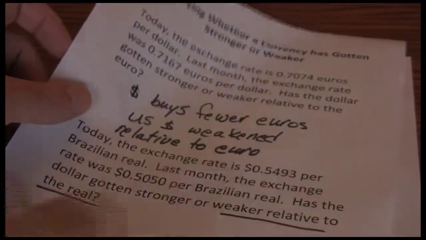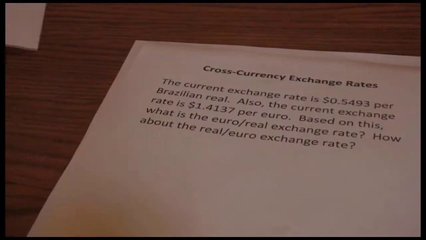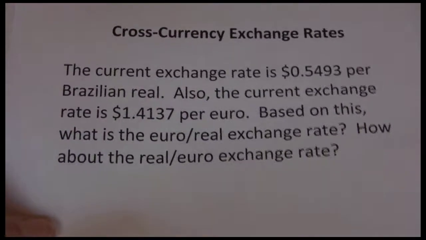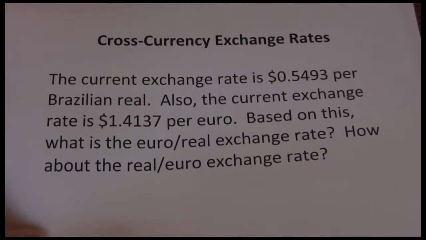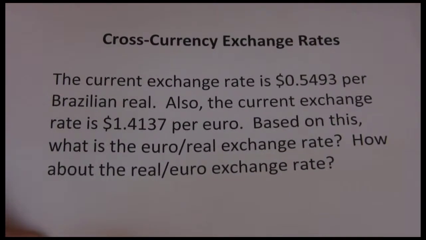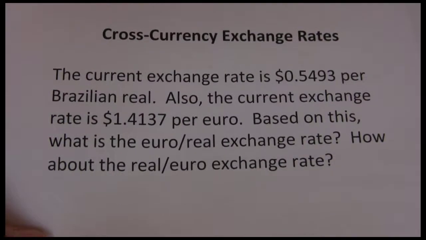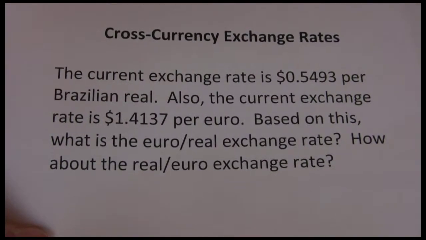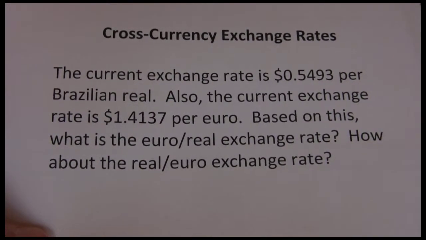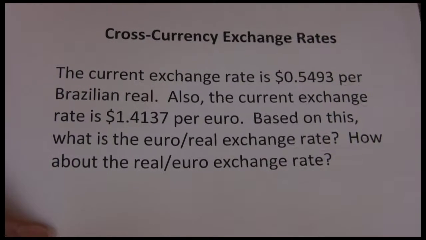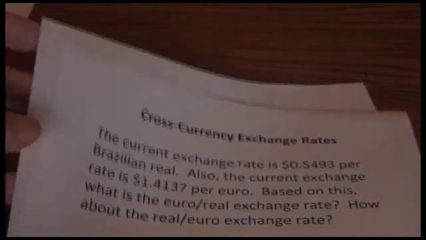The last thing that I want to look at with currencies is cross-currency exchange rates. One of the nice things about currency exchange rates is we don't need to know every single exchange rate for all pairs of currencies. As long as we know all the exchange rates relative to the US dollar, we can figure out the exchange rate for any pair of currencies.